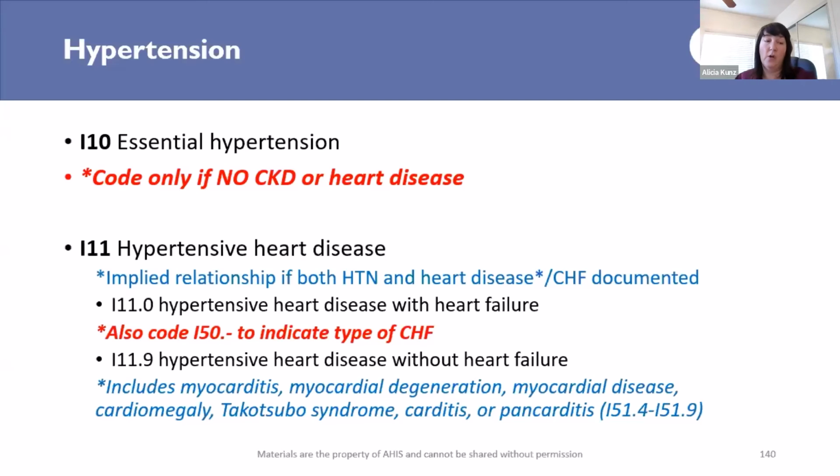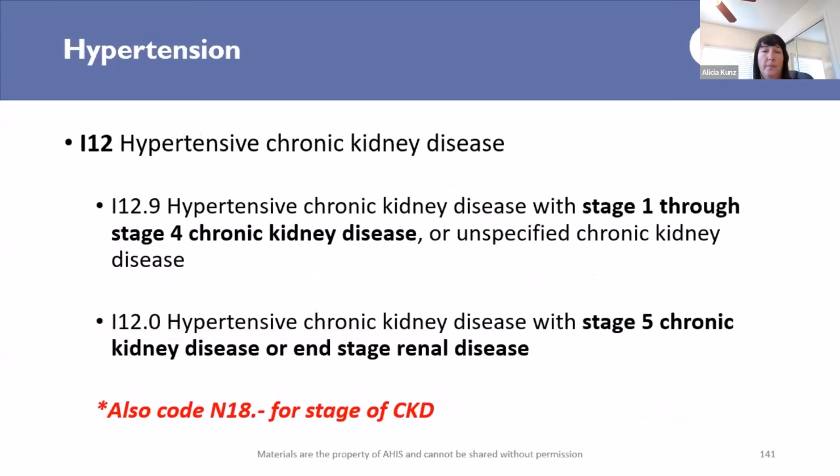They say, oh, they've got coronary artery disease and they've got hypertension, so therefore I should use a code from category I11, but that's not correct. Only the codes that you see here, I51.4 to I51.9 and hypertension. Next. Then we have I12, hypertensive chronic kidney disease, and this is if they have hypertension and CKD, chronic kidney disease.